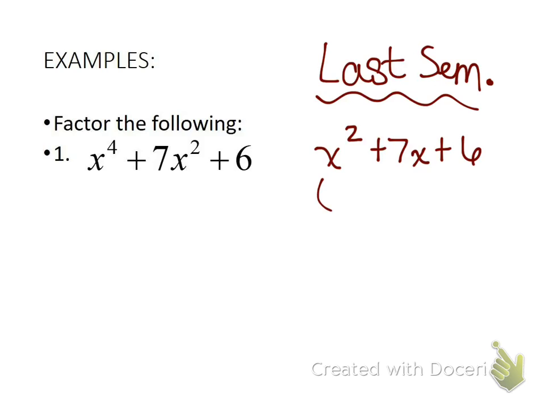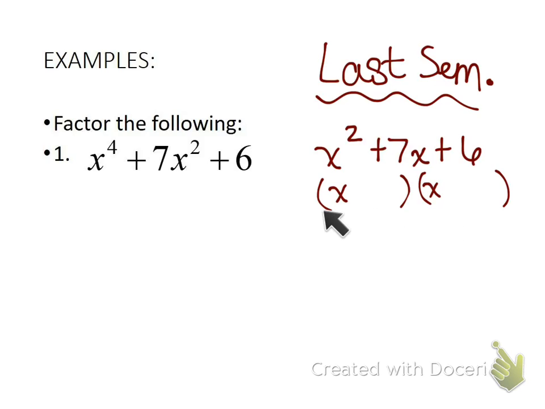Last semester, we would have factored this quadratic straight into 2 sets of parentheses. What would I have put in the front of both of those? An x. Can anyone tell me why I would have put an x in the front of both? There's not an x in the front of the problem, there's an x squared. Okay, so if I were checking my work, what would I do with these two x's?